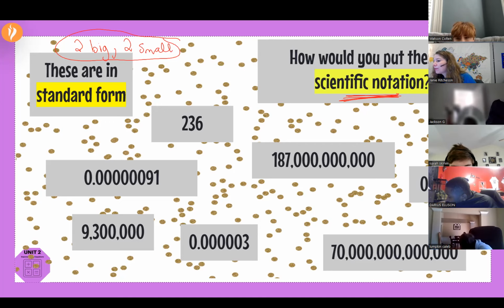If you're doing a small number, make sure your exponent is negative.